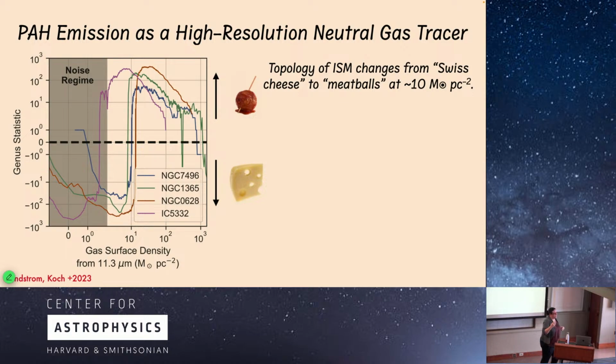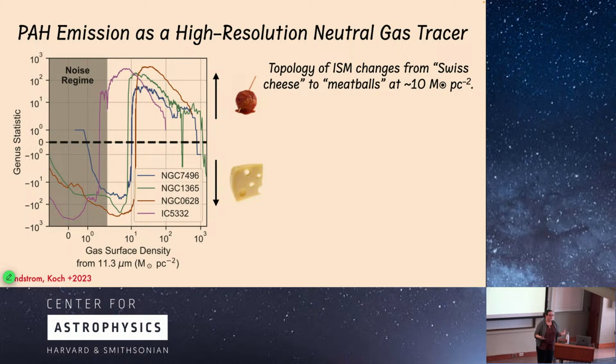So we took the first 4 galaxies from FANGs and stepped through surface brightness in the galaxies and measured this statistic. And one thing that's cool is that you can see for at least 3 of these, the crossover between Swiss cheese-like, so holes, to meatballs, is around 10 solar masses per square parsec, which also turns out to be the approximate column density where you expect the ISM to become molecular.